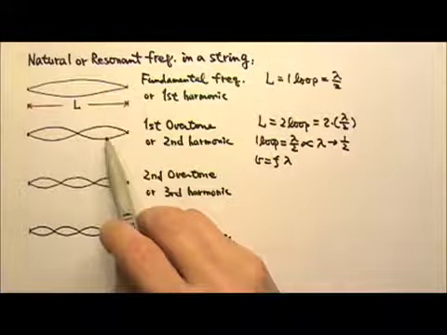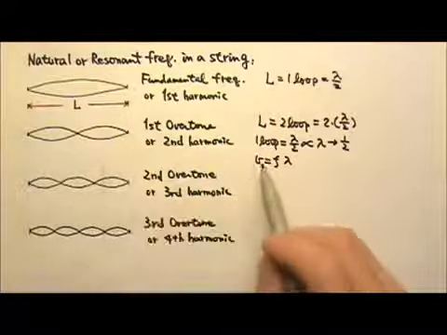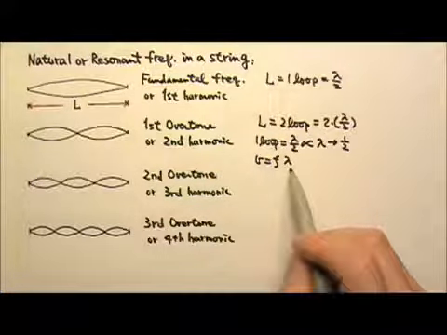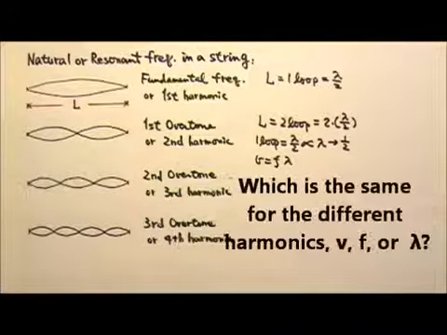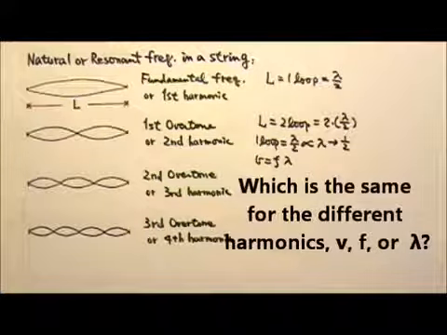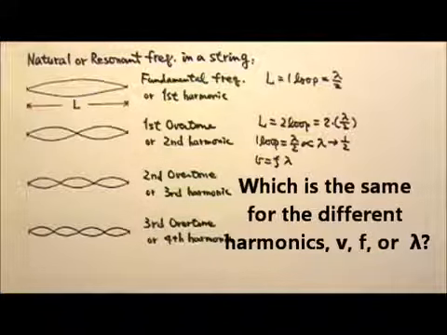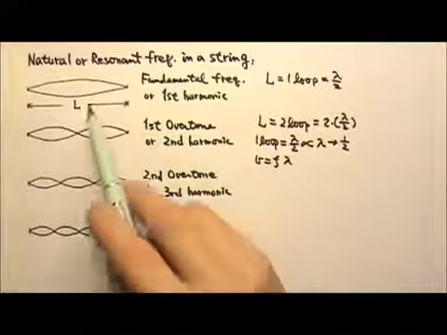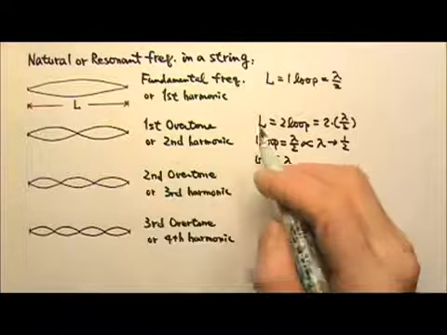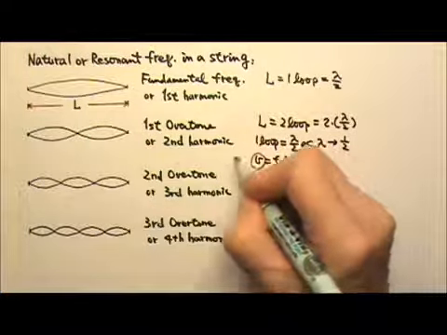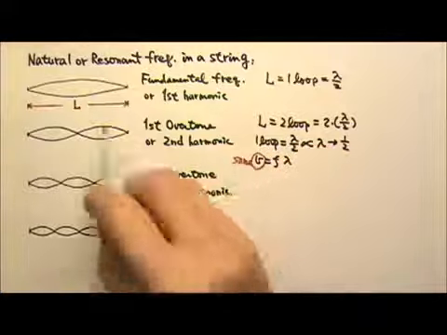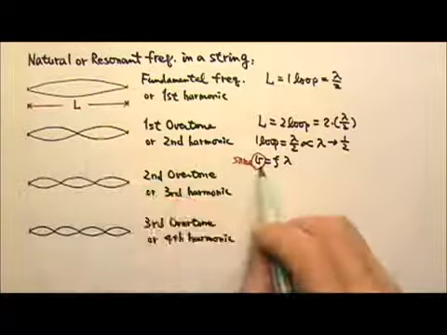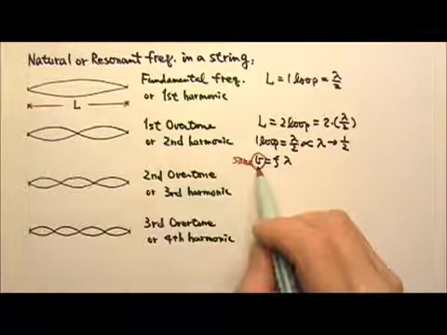For the first harmonic and the second harmonic, which of these three numbers do you think is the same? The speed, frequency, or wavelength? For the first and second harmonic, the speed is the one that is the same because it's the same medium. It's the same string under the same tension, so the speed is the same.